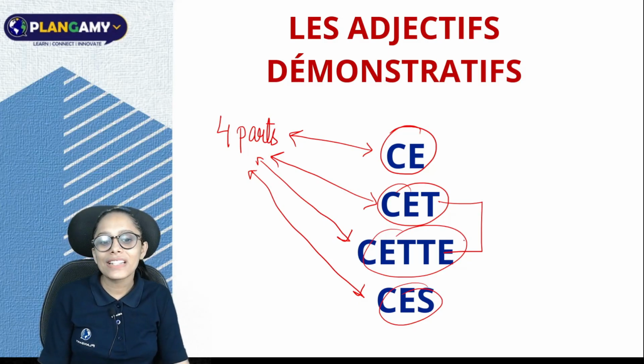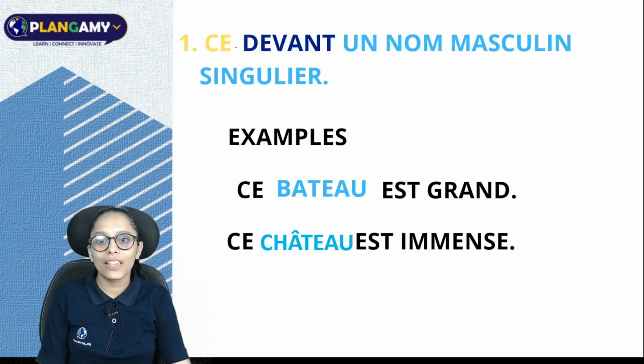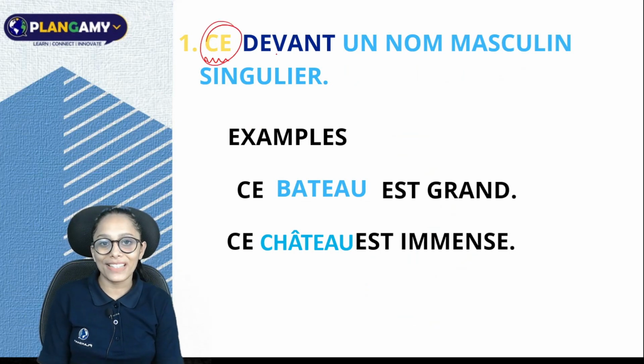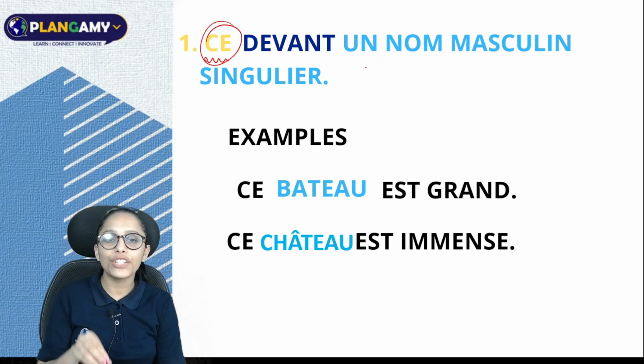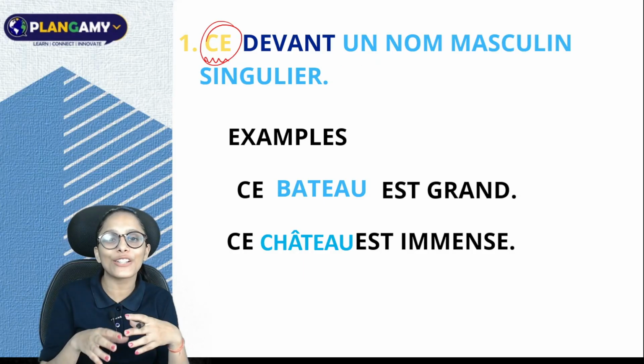Now, let us try to understand when to use ce, cet, cette, and ces. Here we have our first category, that is ce. It says devant un nom masculin singulier. So, you will only and only use ce when you have a masculine and singular noun.